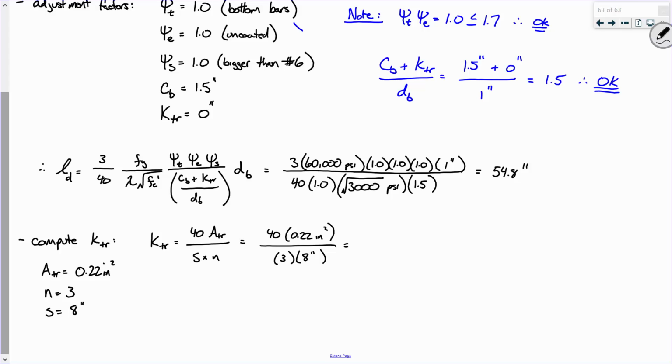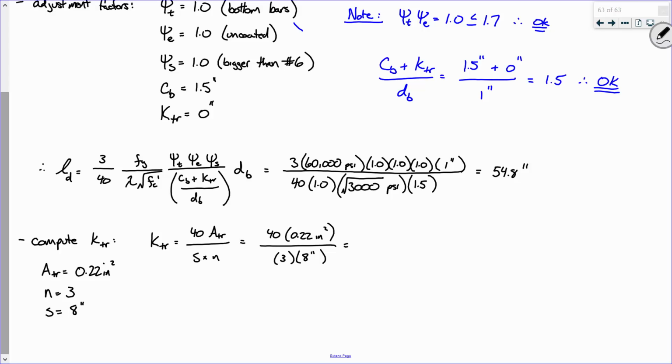No, that 2 inches is just to get our pattern started. We're not really using that for a transverse reinforcement spacing. Well, what I would do is this.